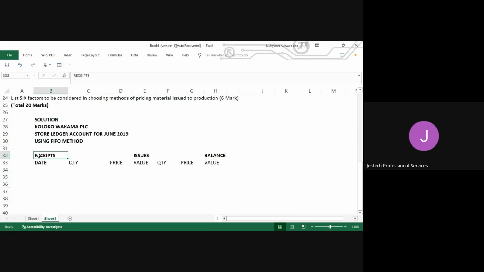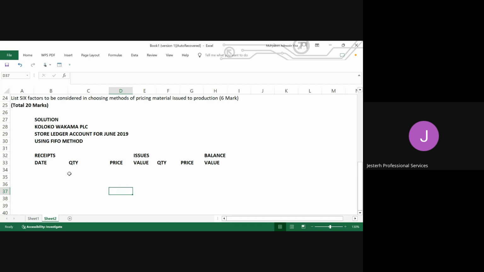Now, if you want to start your LIFO, FIFO, and then the weighted average, these are the key things that you need to write first. Once you're able to write this, believe me, the remaining things that you are going to do is just plus and minus.